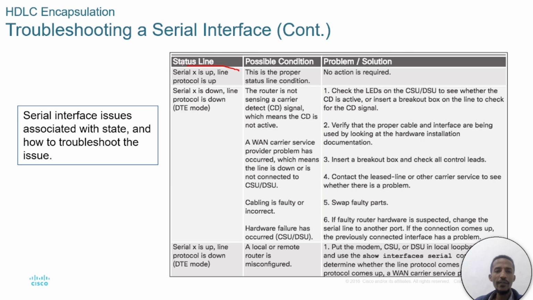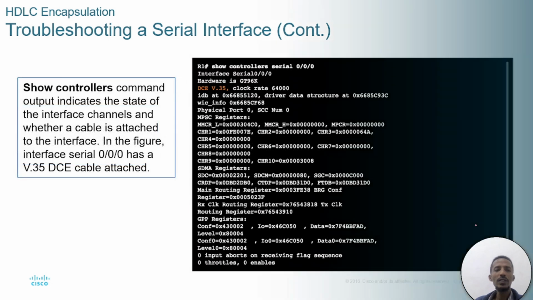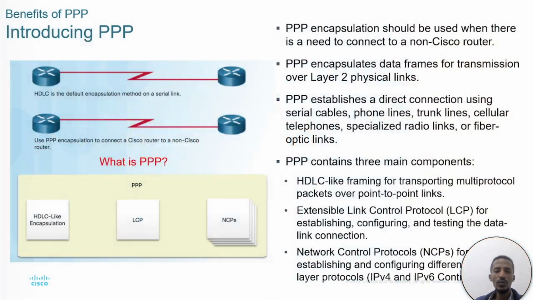Whenever you have serial up, protocol up, the link is up, so you are not required to do anything. If serial X is down and protocol is down, now both of them are not working. In this case, multiple issues can be seen, but sometimes the serial can be up and the protocol can be down. So there are different mechanisms that you can use.